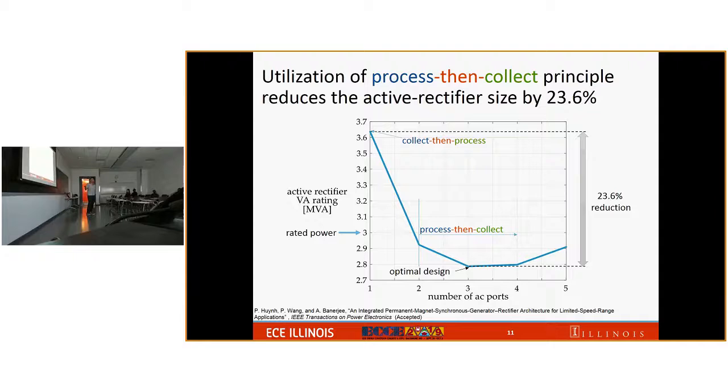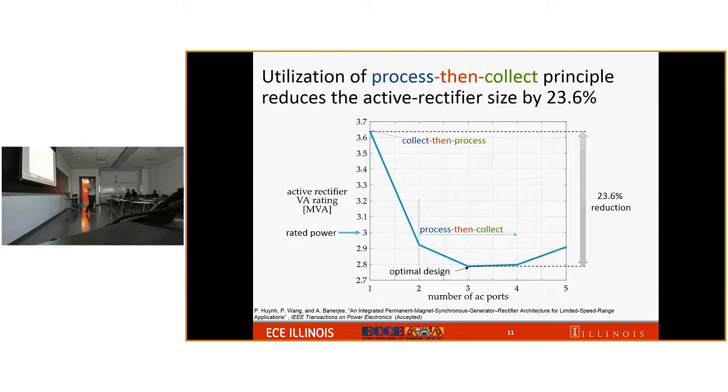If you use the conventional approach, the active rectifier has to be rated for 3.65 MVA. But if we pick the number of AC ports to be 3, which is the optimum point here, the active rectifier only needs to be rated for 2.8 MVA. That is about a 23.6% reduction in size of the active rectifier.